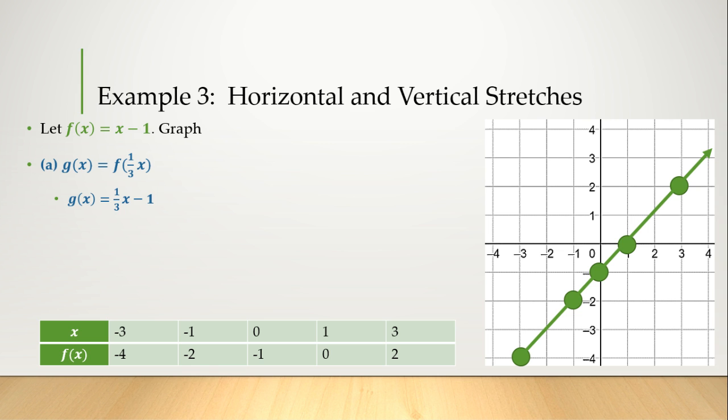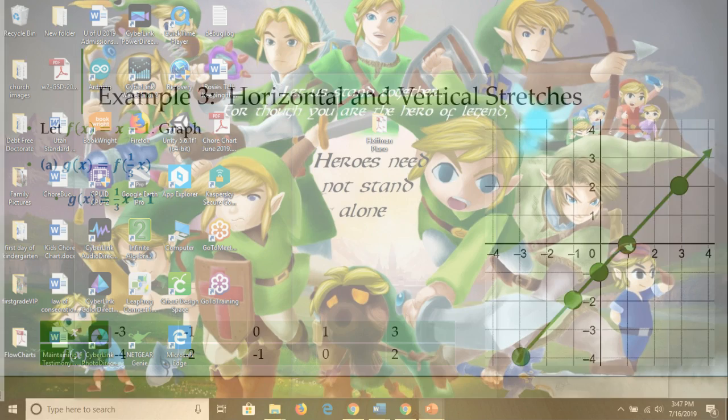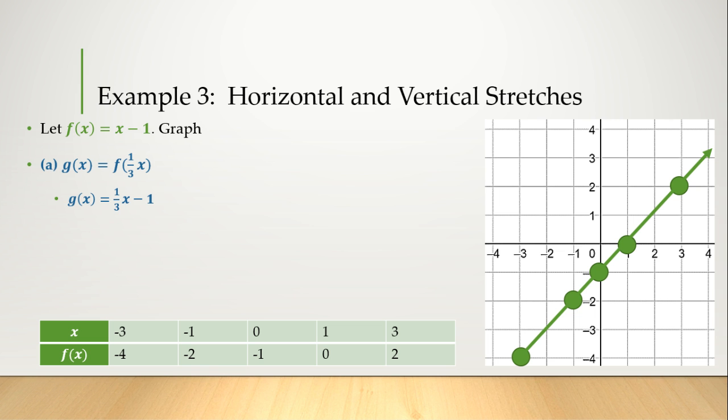Since this is showing it on the inside, okay, that's going to mean that this needs to be a horizontal stretch or shrink because we are multiplying the input by 1/3.